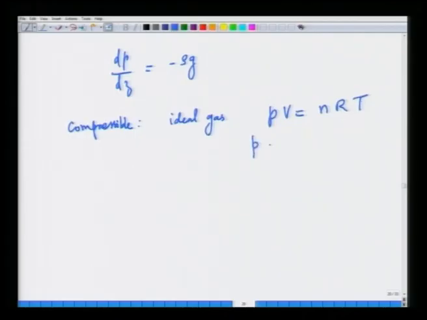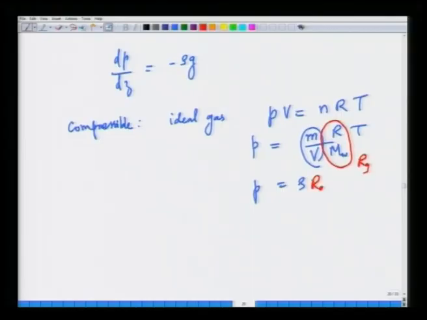Usually this is written as P is number of moles, which is mass divided by the molecular weight of the gas, and I am bringing V down, RT. So, m by V is the density and R by molecular weight is called the specific gas constant. Let us call it Rg. This is not the universal gas constant, it is the specific gas constant.